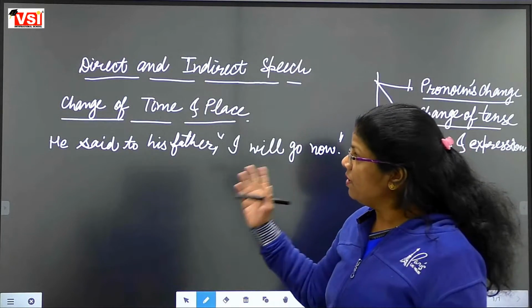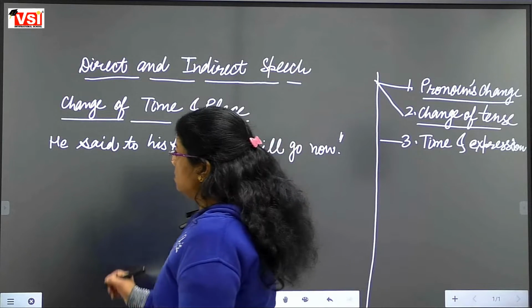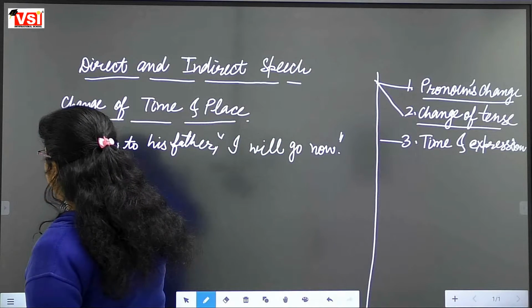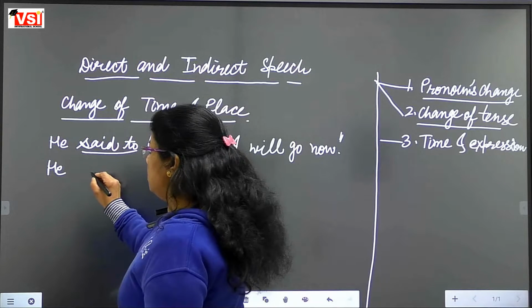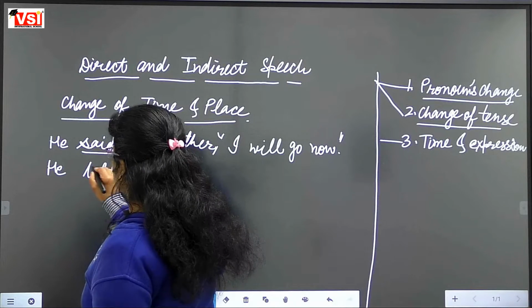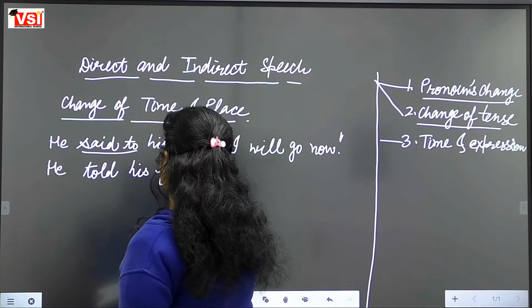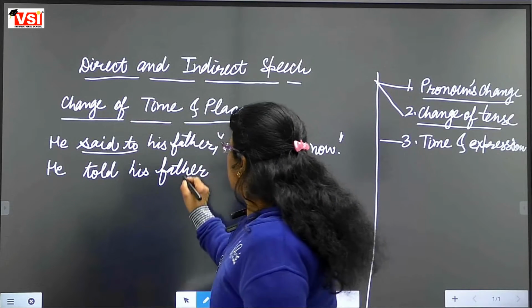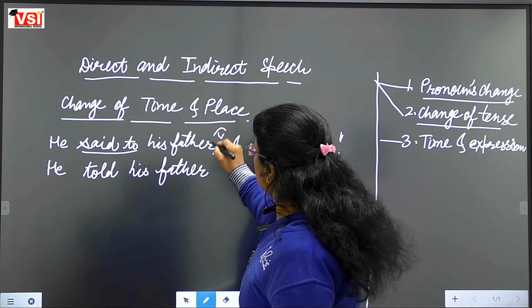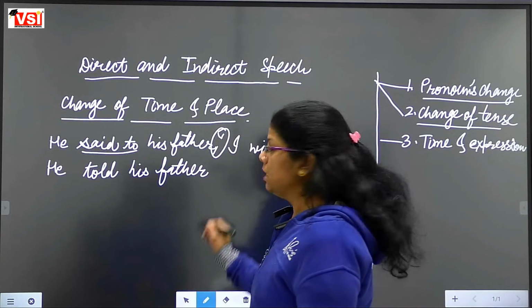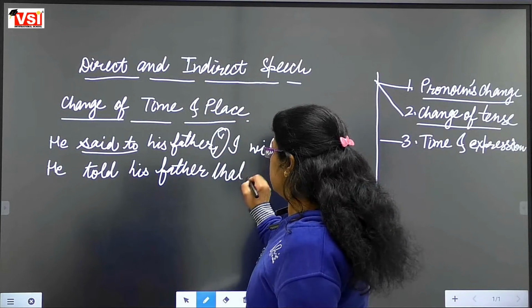Now we will change it into an indirect speech sentence. He said to will be changed into told only. He told his father. Now the comma and inverted commas will be removed and we will use that in their place.